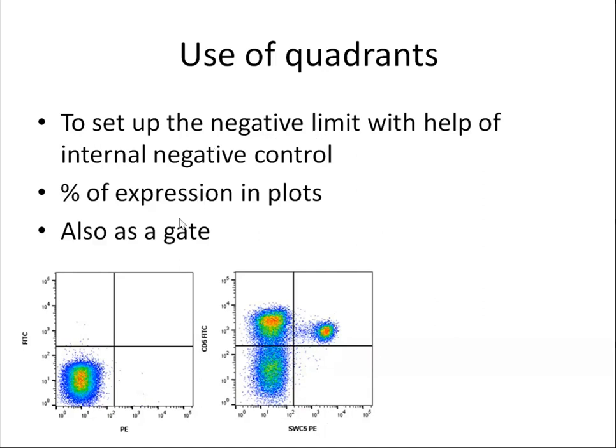The other advantage of using quadrants is if I want to see how much of the complete population is lymphocyte and how much of the lymphocyte population is expressing CD5, I can use quadrants to check that percentage. I need to gate the lymphocyte population in this plot, draw the quadrant with the internal negative control, then gate the target population, the population of interest, and check how much of these cells are expressing CD5, and give it as a percentage.